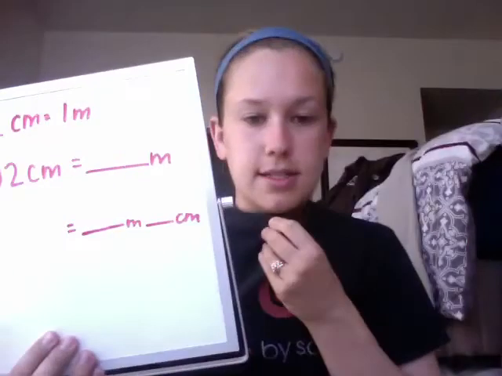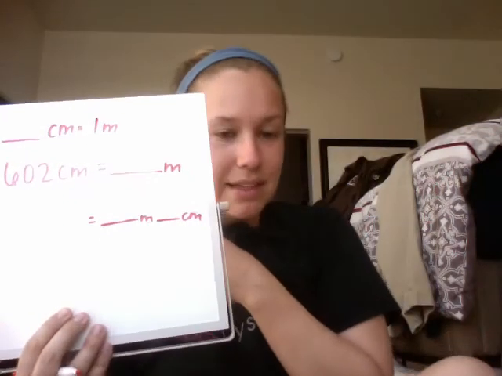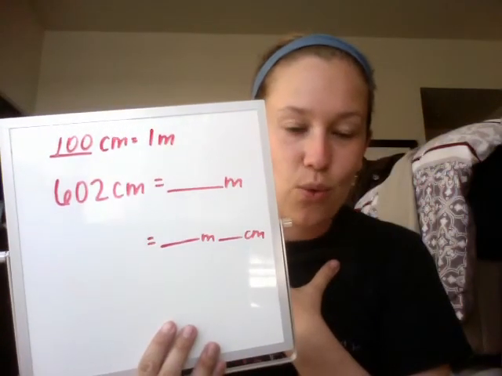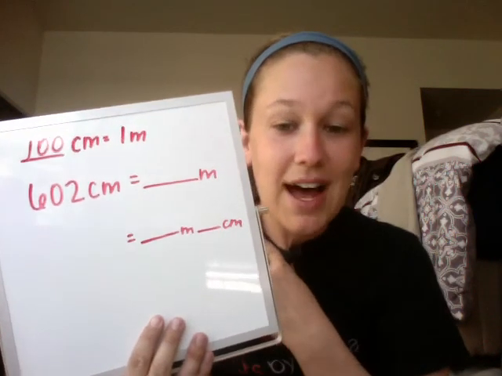Okay. So you know you're going to divide, but it doesn't come out evenly just like that time. So your answer is going to be both in meters and centimeters. I'm going to run out of time. Oh no! First of all, think how many centimeters are in a meter. 100. Okay, 100 centimeters are in 1 meter. And you're going to divide.